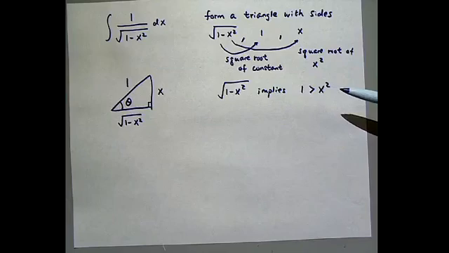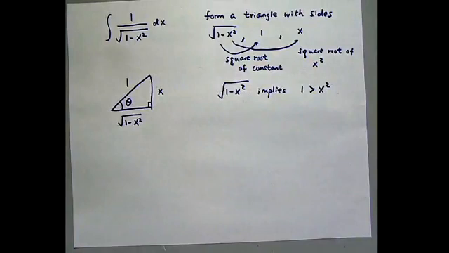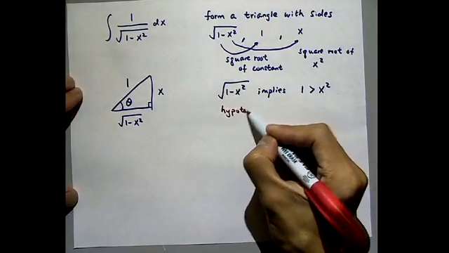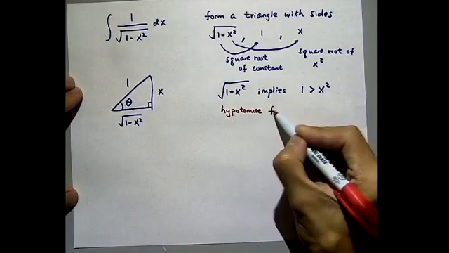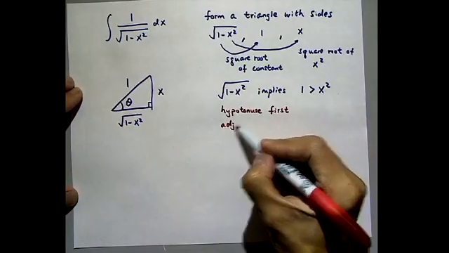Decide which one goes to the hypotenuse, and then take the other two sides. So here again is the hypotenuse first. And then adjacent next.